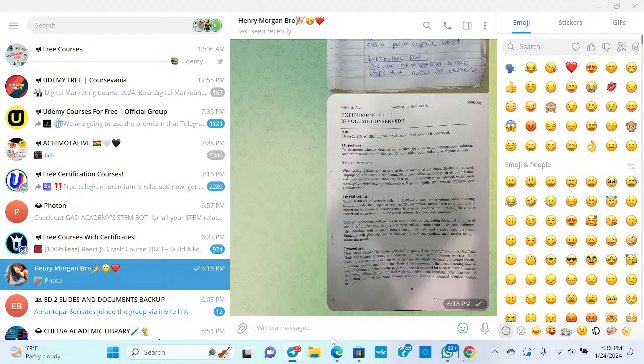So instead of weigh an empty dry 10 ml volumetric flask and stopper, you will say something like an empty dry volumetric flask and stopper was weighed. You get it? If you say it in that way, it means you are saying it in a kind of past tense.